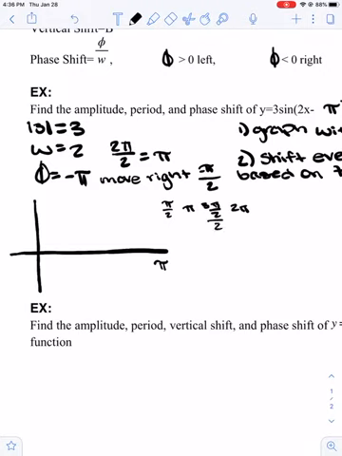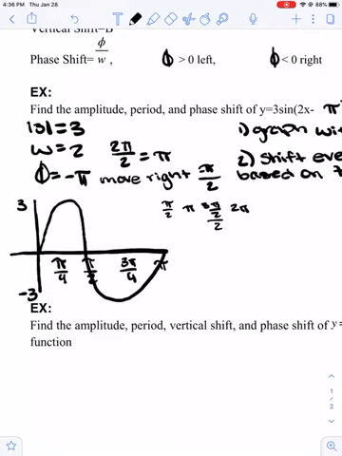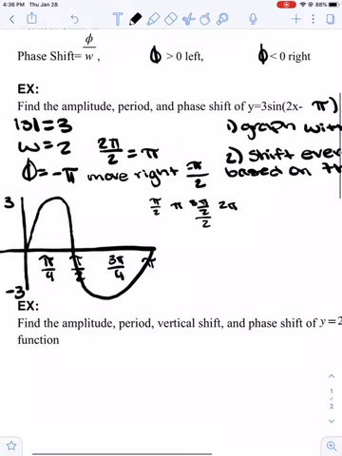Everything's getting divided by 2, so that'd be pi over 4, pi over 2, and 3 pi over 4. And then it has the amplitude of 3. And remember, sine goes through the origin. So we're going to go up, down, up.